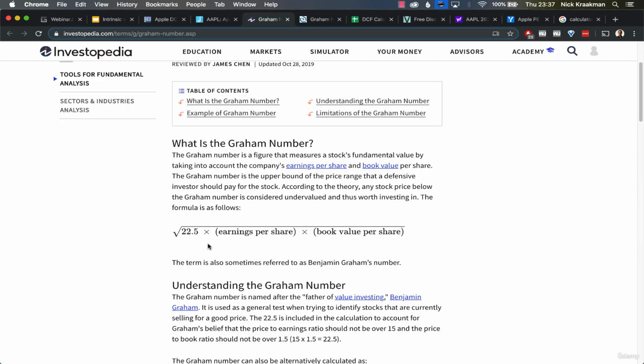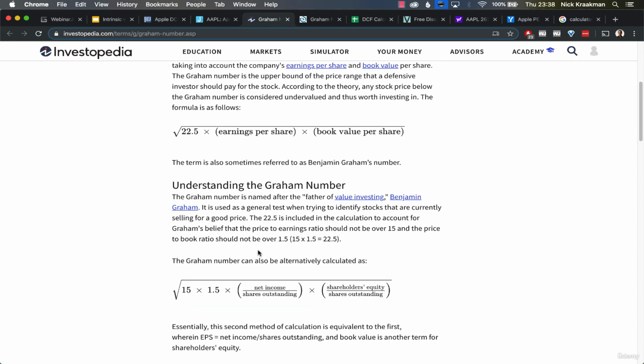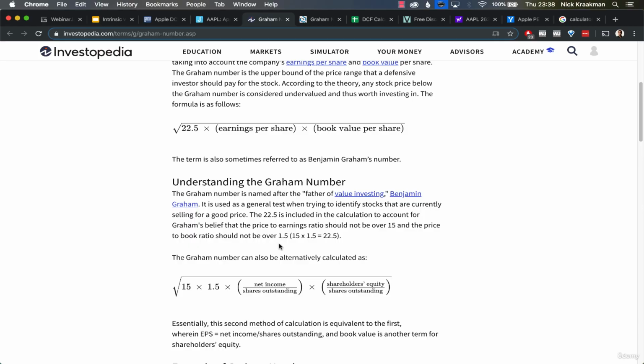And you might wonder where this 22.5 comes from, but they explain it down here. It's because Benjamin Graham believed that the price to earnings ratio should not be over 15, and the price to book ratio should ideally not be over 1.5. And if you multiply those two together, you get 22.5. So it's a very simple formula.